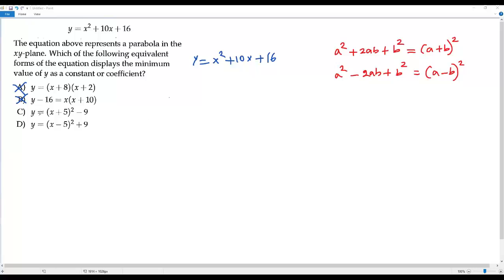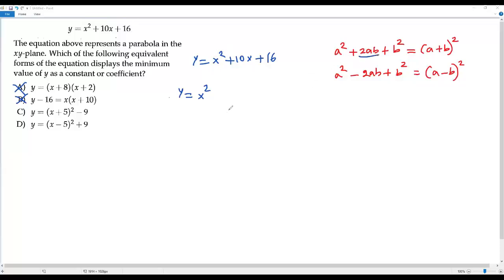Because in vertex form on the right side we have the square of a binomial, I want to write the given quadratic function in terms of the square of a binomial. For that, I'm going to make some changes in the given quadratic function. I'm writing this x squared as it is, so I consider this x squared as the a squared.